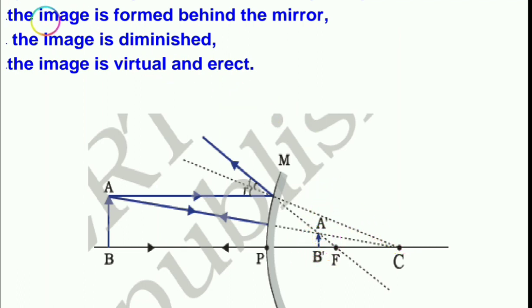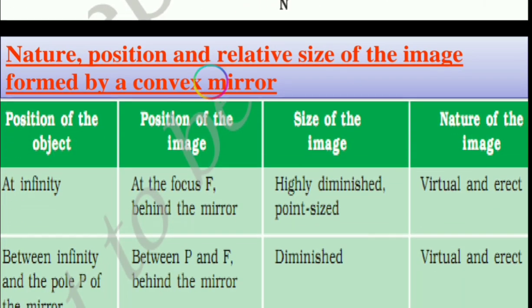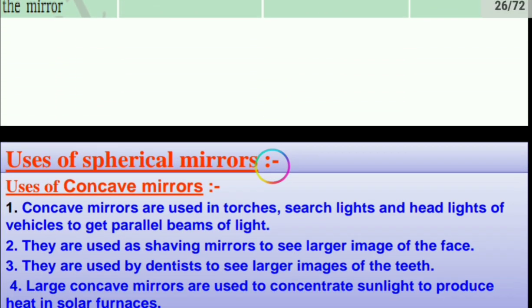The properties are: the image is formed behind the mirror, diminished, virtual and erect. If I tabulate: at infinity, the image is formed at focus. When between infinity and pole, the image is between pole and focus, behind the mirror. These are the properties of the image formed.